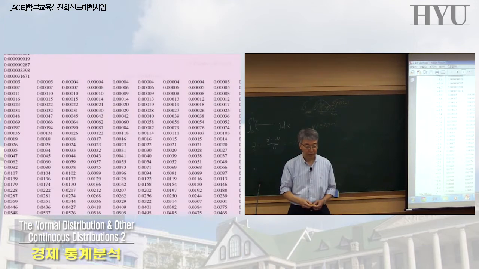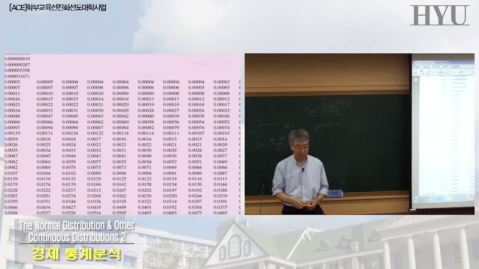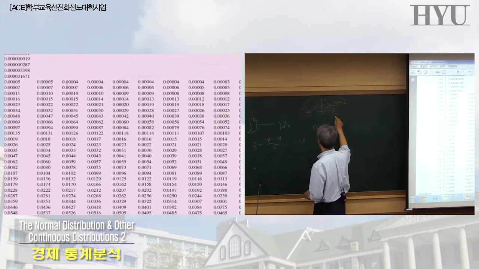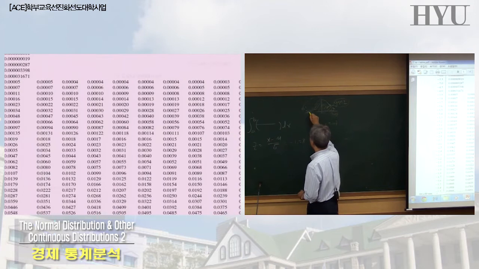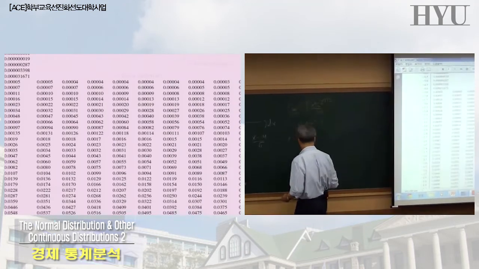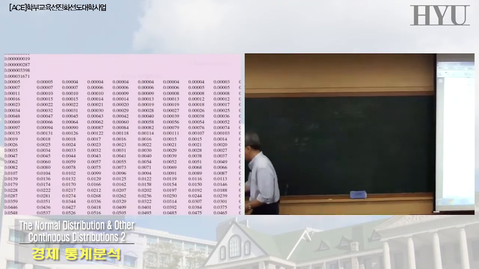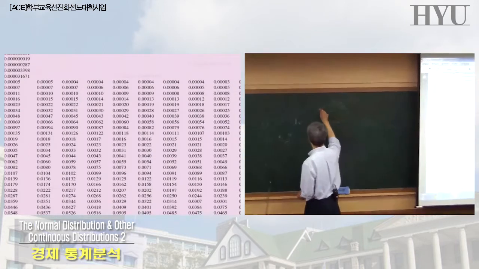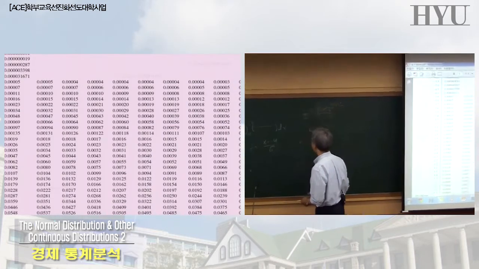What value? Okay, because the idea is if this is 2.0, right, there is a negative 2.0, okay? And you can find the value which is less than negative 2.0. Okay, this area.